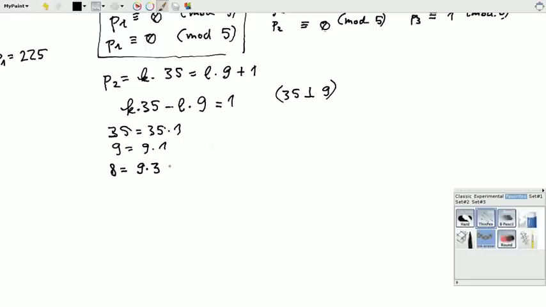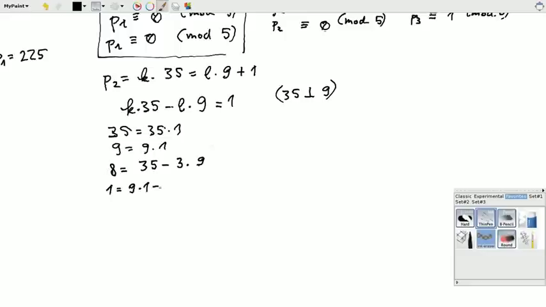Yes, 27. And 27 plus 8 is equal to 35. So 8 is equal to 35 minus 3 times 9. Sorry, I'm a bit sloppy today. And now 9 minus 8 is equal to 1.